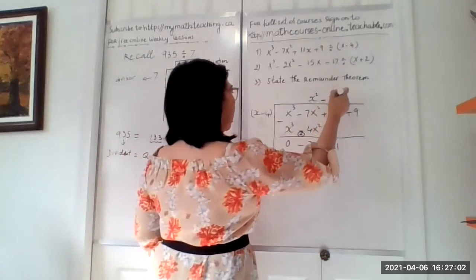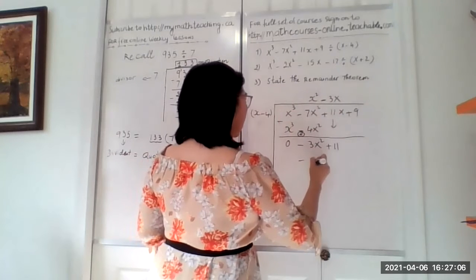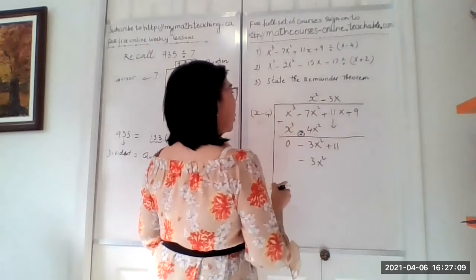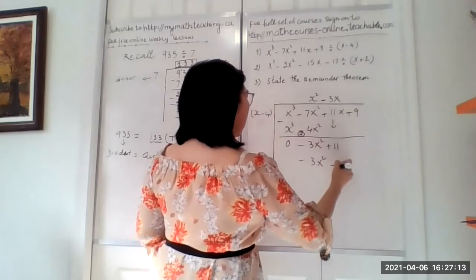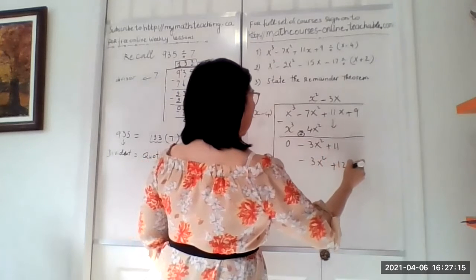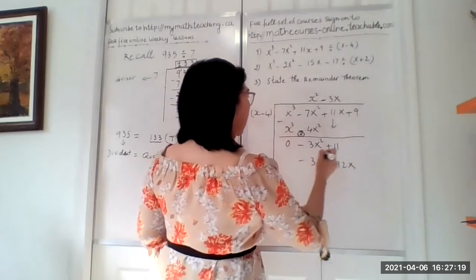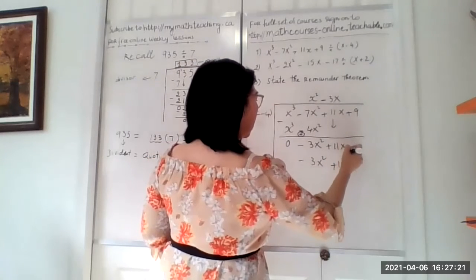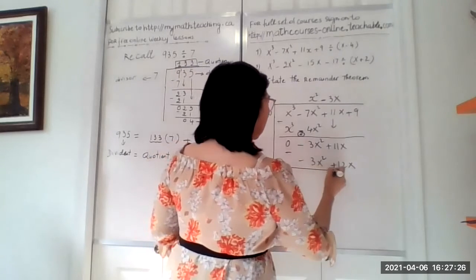So let's multiply them first. Negative 3x times x will give me minus 3x squared. Negative 3x times minus 4 will give us plus 12x. So now I am going to, and sorry, I missed this x here, 11x. So now I'm going to subtract.